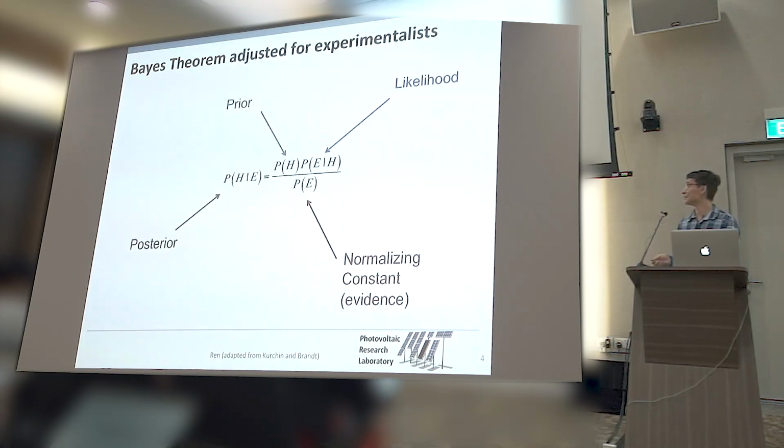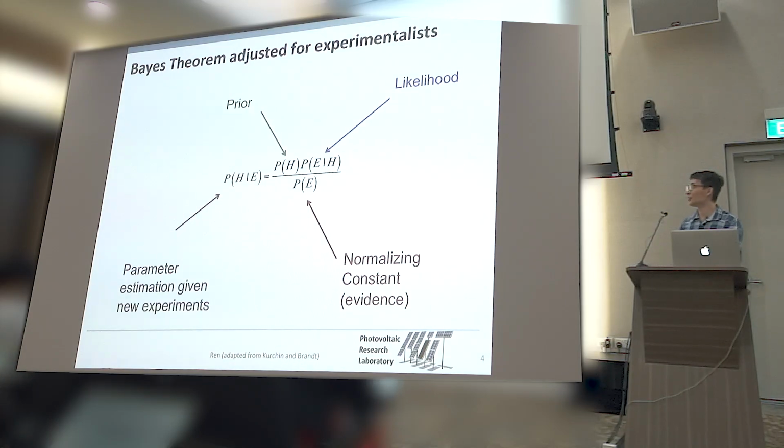The statisticians, in their language, have named each term. For example, the thing we care about is the posterior, and then you also need the prior, the likelihood, and a normalizing constant. But we can reframe that in experimentalist language, where the posterior is nothing but a parameter estimation from your new experiment.